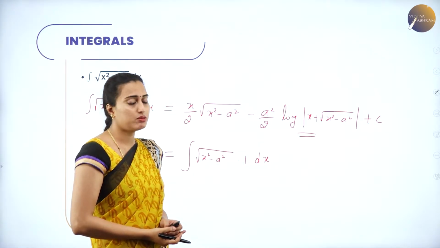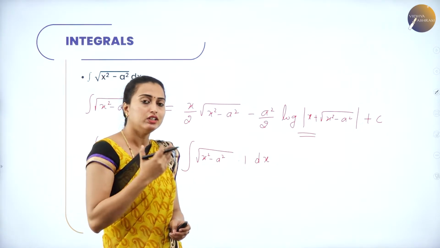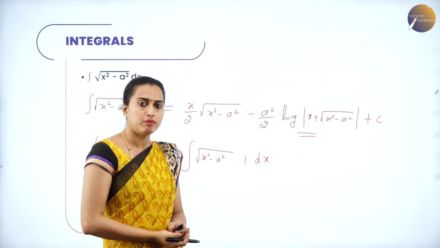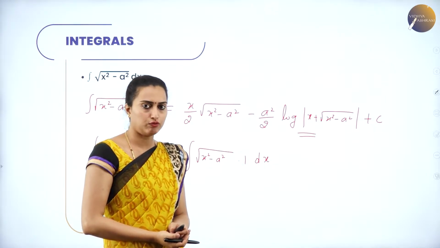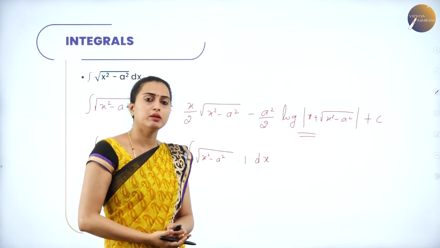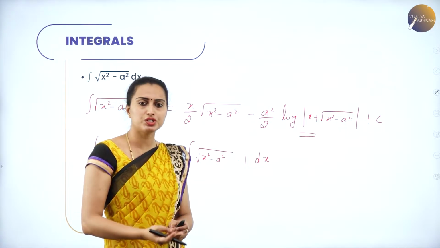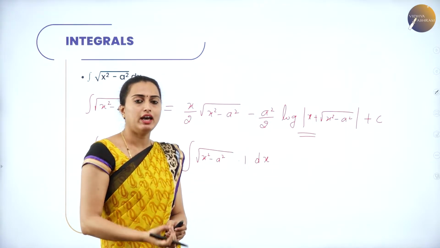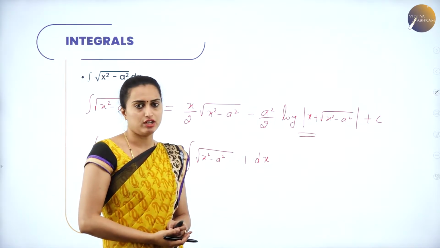Now, what is integration by parts? Integral of f of x into g of x. First function into integral of second function minus integral of differentiation of first function into integral of second function, isn't it? According to ILATE rule, when you move on to integration by parts, you need to remember the rule that ILATE: inverse trigonometry, logarithmic, algebraic, and then trigonometric and then exponential, isn't it?